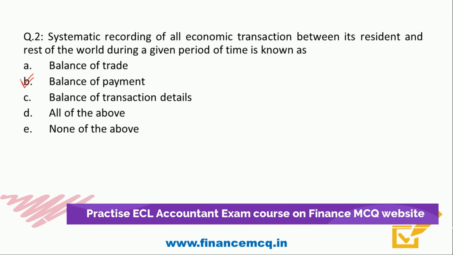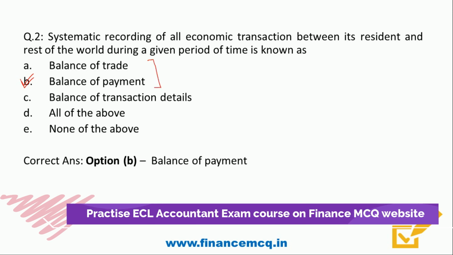Balance of payment. But do you know the difference between balance of trade and balance of payment? Which one is superior, or which one is under it? The bigger one is balance of payment. It records all goods, services and transfer payments.